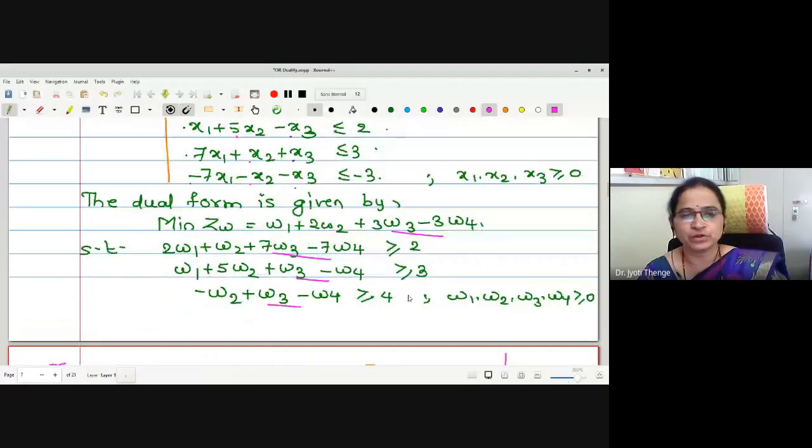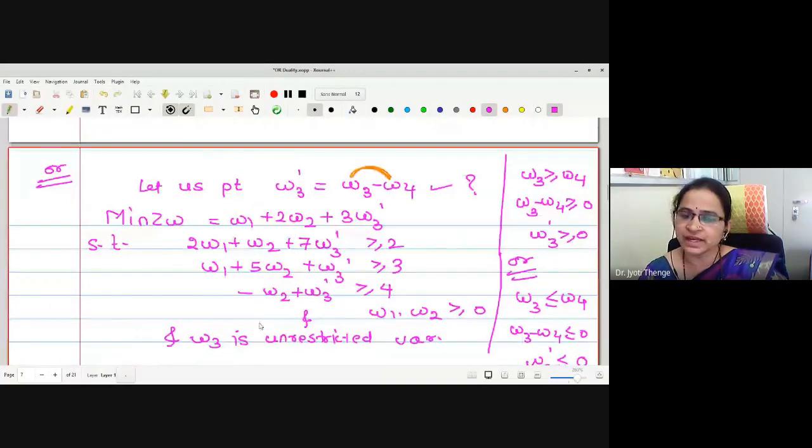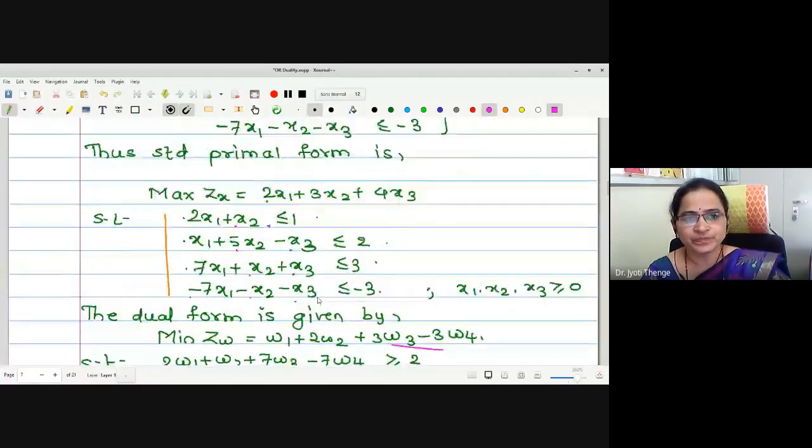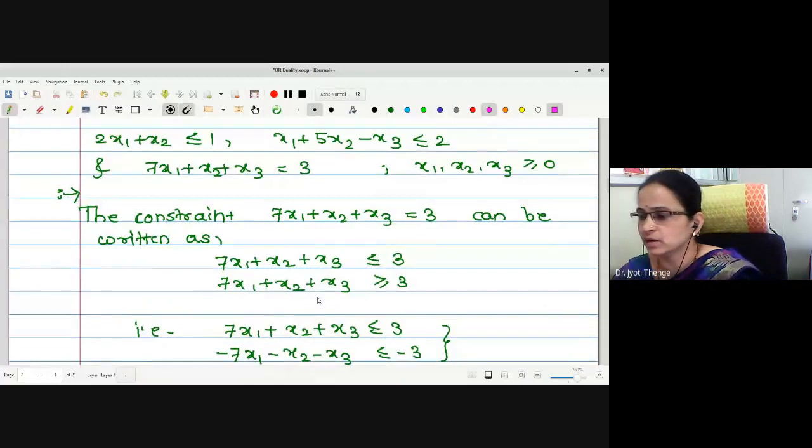If you write up this dual form, then also it is okay. Actually, this is one of the next theorems, which I have explained here itself. Let me take one more example.